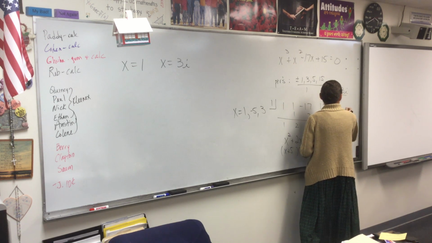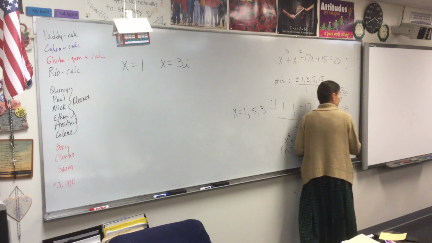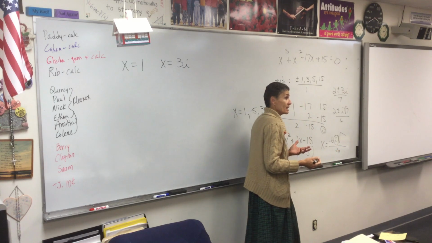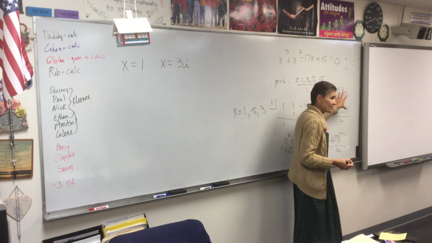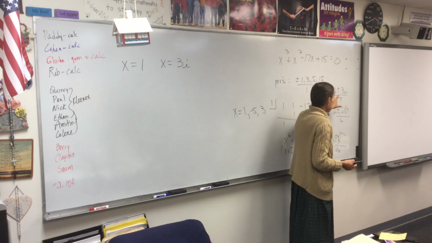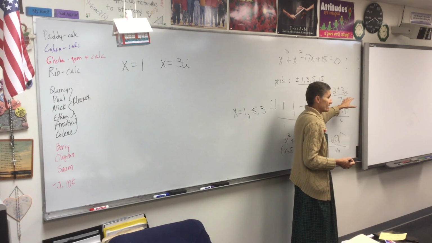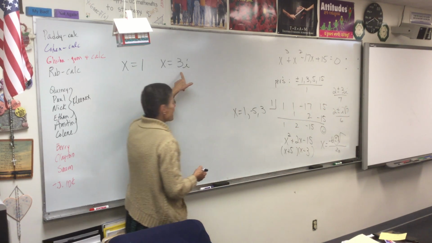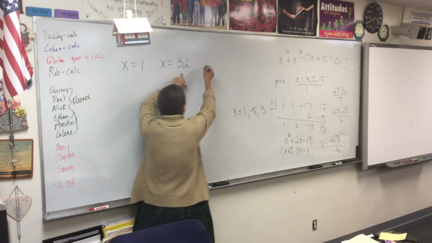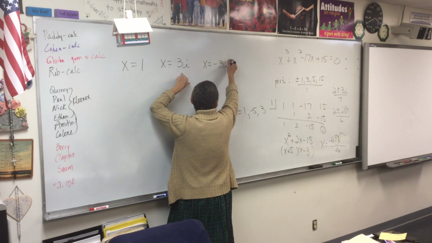Or 2 plus or minus i root 7 over 6? Things like that. In other words, you never got one imaginary answer. It never came out just 2 plus 3i. So imaginary roots never appear without their conjugate.